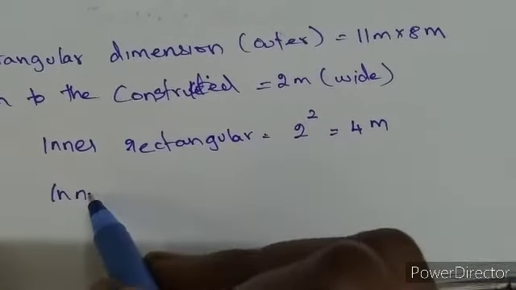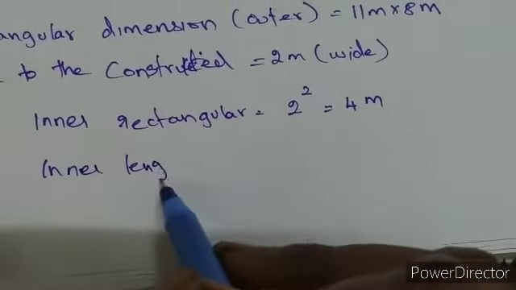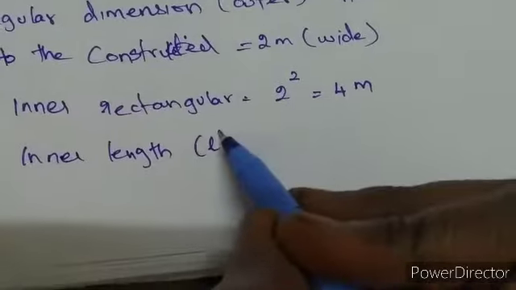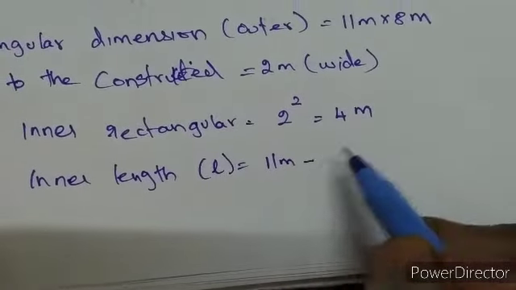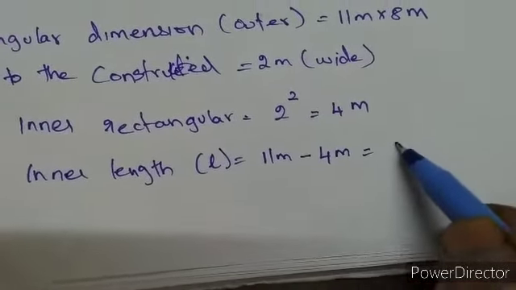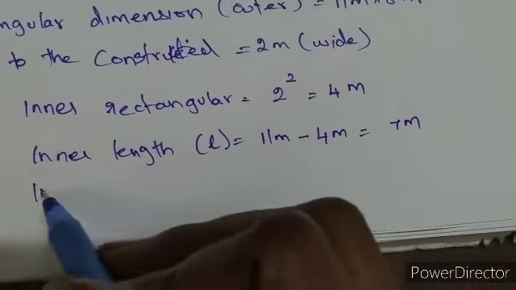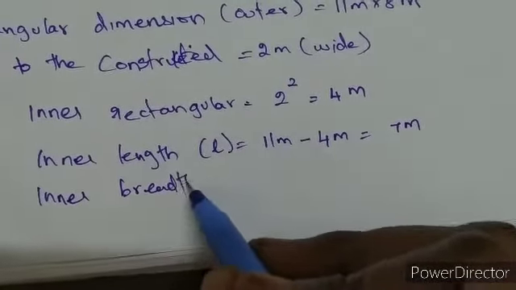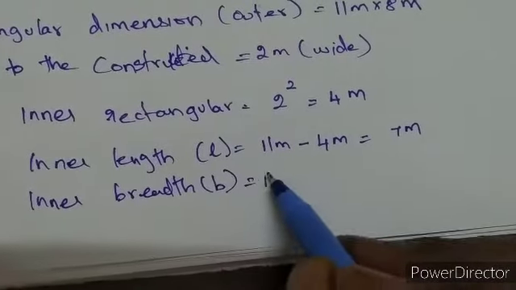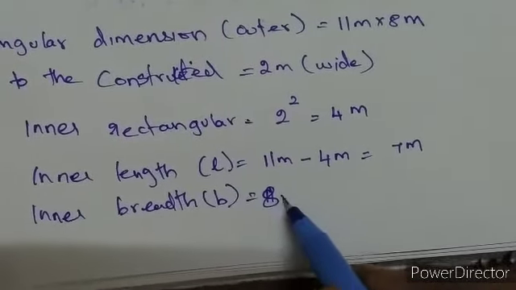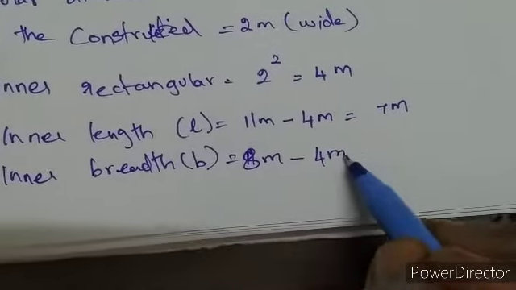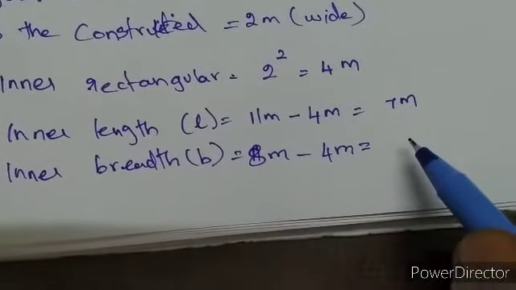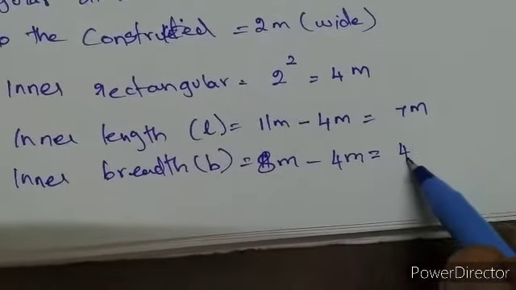Now inner length L is 11 meter minus 4 meter, that is 7 meter. Now inner breadth B is 8 meter minus 4 meter, that is 4 meter.